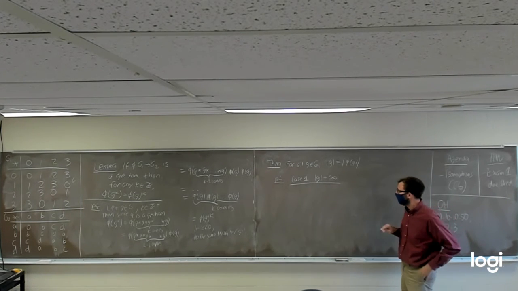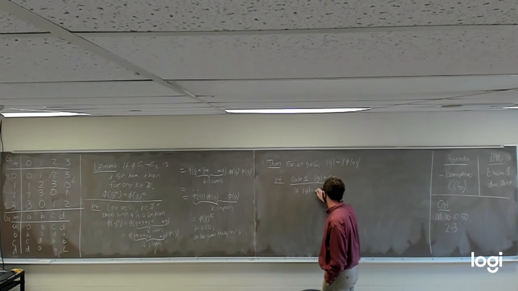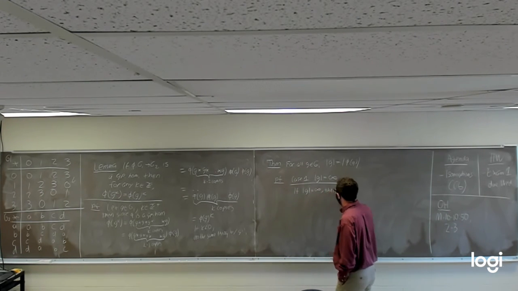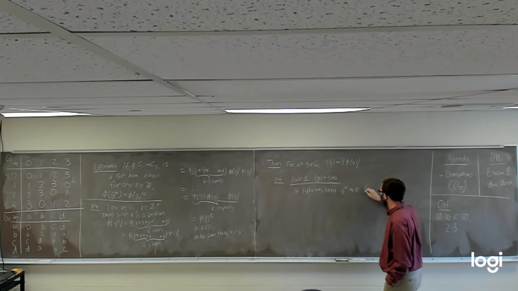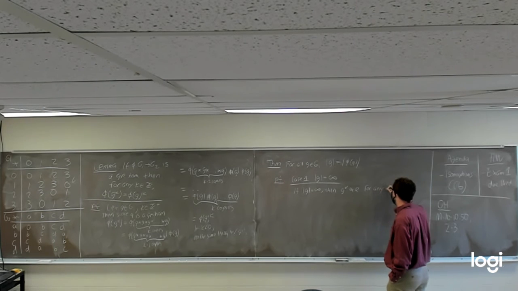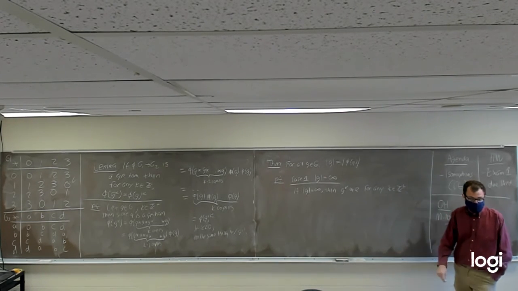Yeah. So that just means if the order of G is infinity, then G to the K is not equal to the identity for any positive integer K. That's kind of what that means by definition.